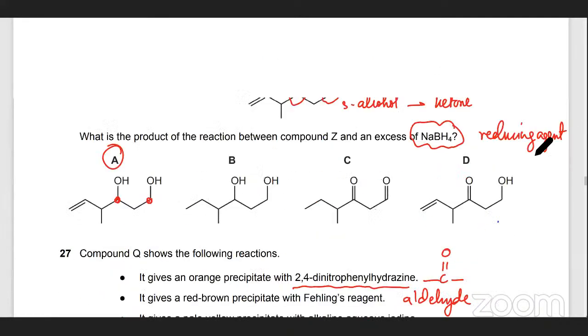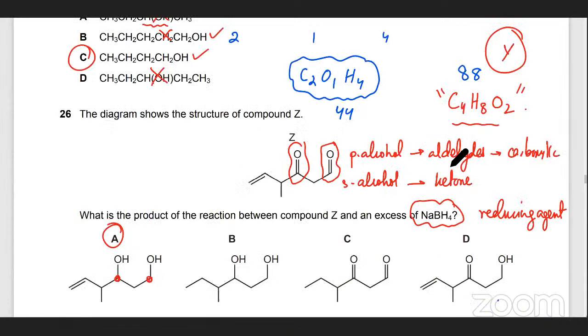So it's going to reduce a carboxylic acid back to an aldehyde, back to a primary alcohol. It would also reduce a ketone back to a secondary alcohol. Remember this, NaBH4 doesn't work with carboxylic acid. It doesn't reduce carboxylic acids, but LiAlH4 is going to do that. So all of them are going to get reduced back to alcohols.